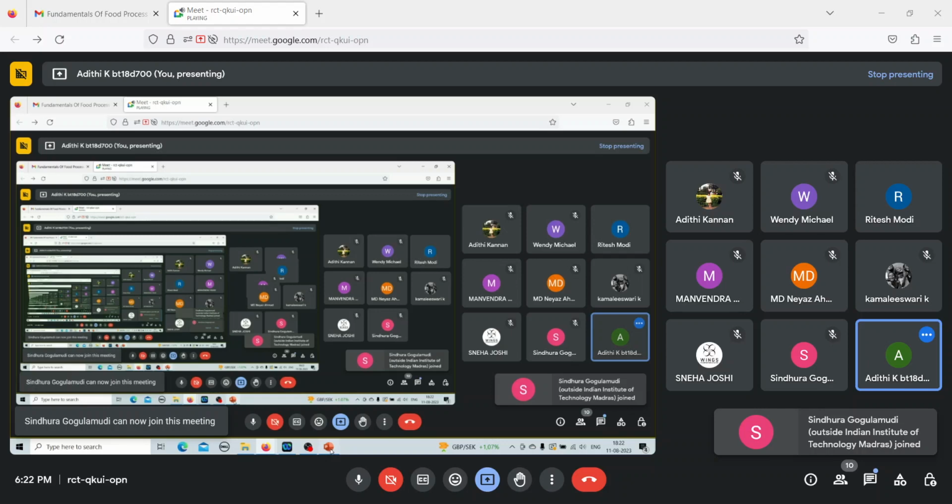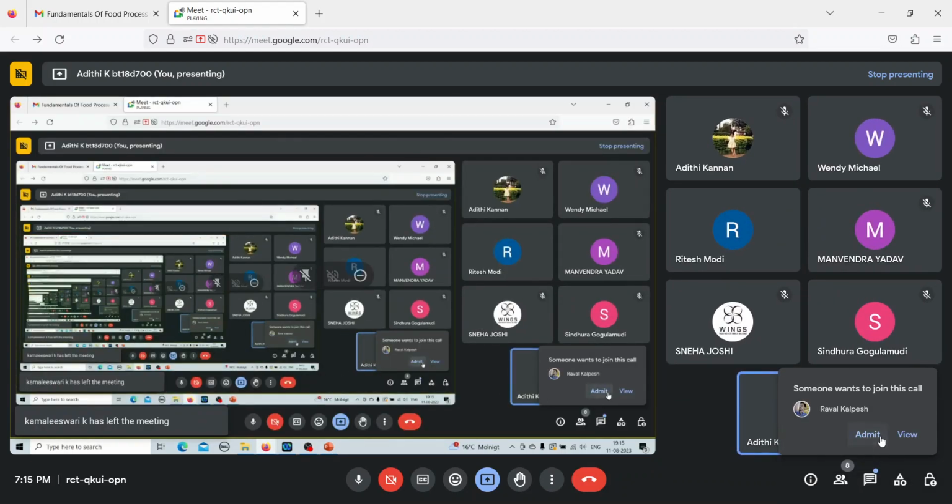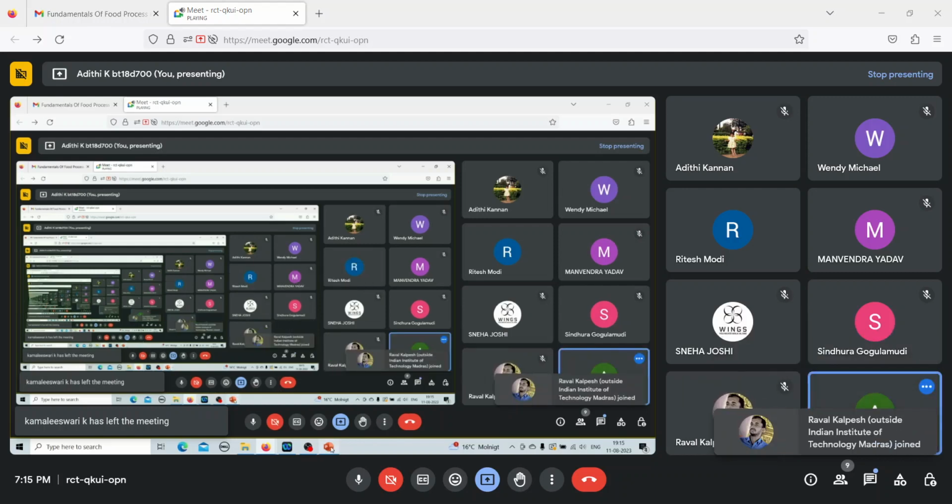And if I simplify this, I'm getting D2 by D1 is equal to 10 power T1 minus T2 by Z. So if I substitute the values given here, from there I can calculate the Z value. Why am I calculating the Z value? Because I need to calculate the D value at 130 degrees Celsius. Now at 130 degrees Celsius, I have no clue what the reaction rate is.